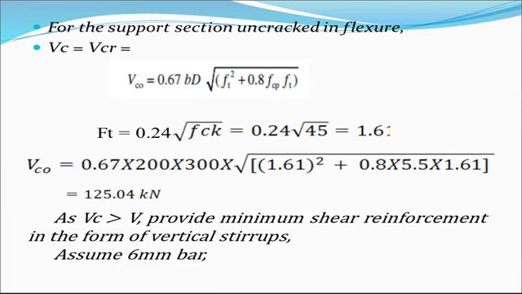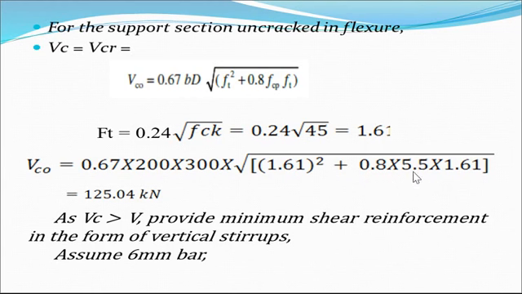Now for the support section, that is the uncracked in flexure, VC is equal to VCO, we have used this formula. FT is equal to, we know, 0.45 root FCK, grade of concrete is M45, so it is 1.61. So VCO is equal to 0.67 into B is 200, D is equal to 300 multiplied by under root of FT, that is 1.61 square plus 0.8 multiplied by FCP.